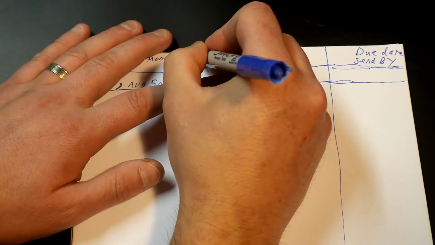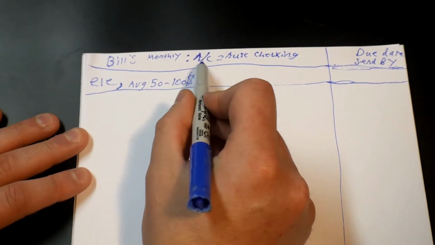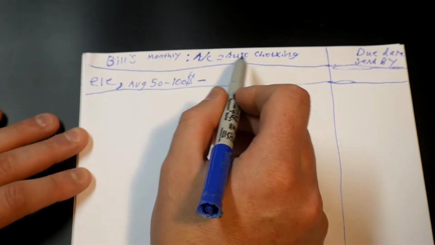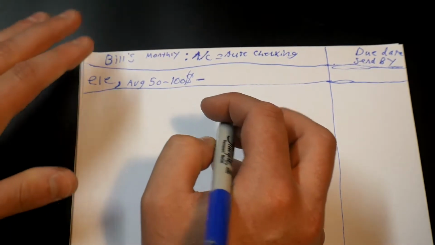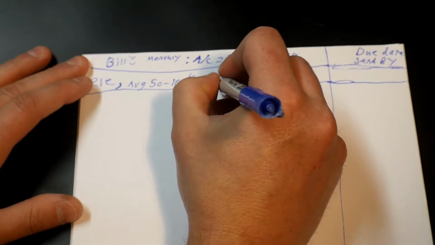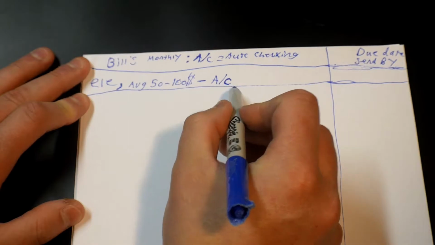Now because I already know what some of this stuff is, I don't have to write it up top. So for A/C, I know it means auto checking. That means it automatically comes from my checking account every month. So I would write A/C right here in the third spot.